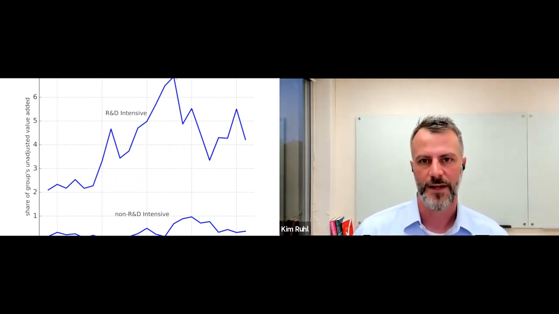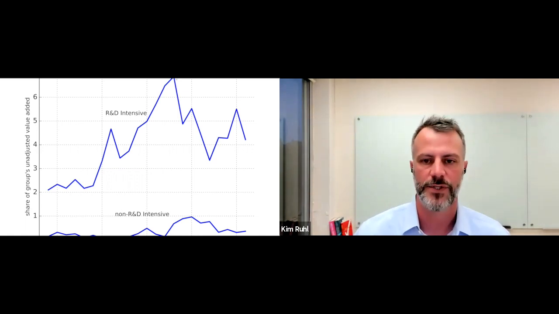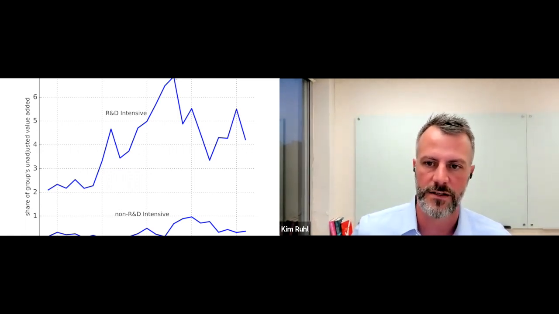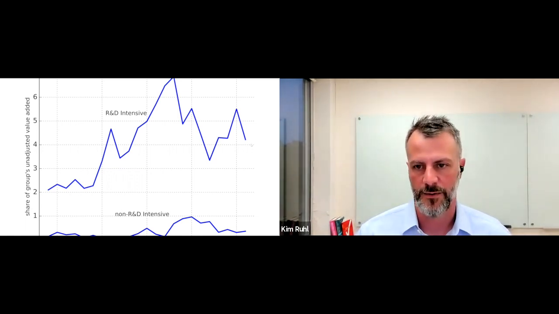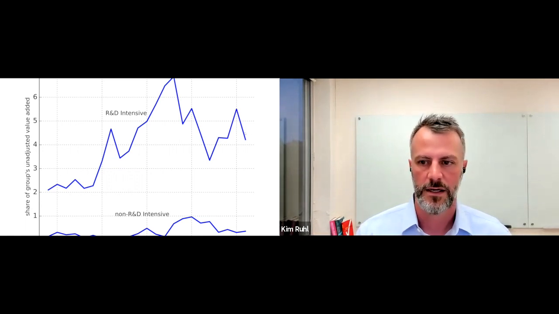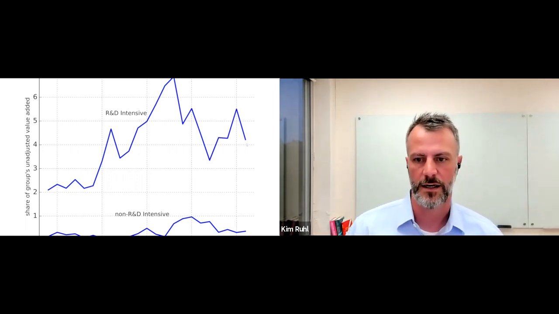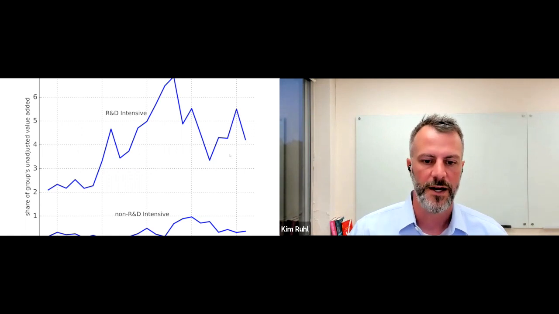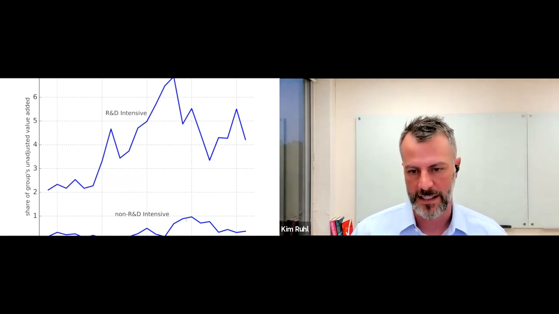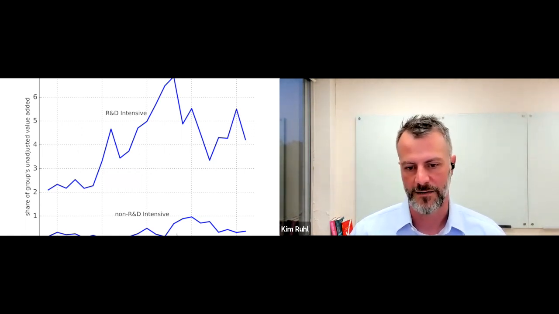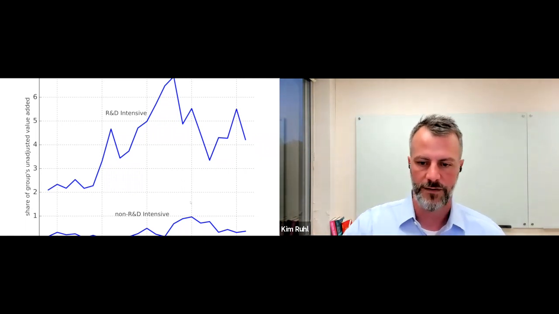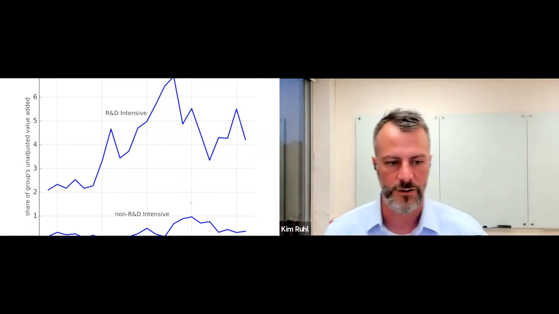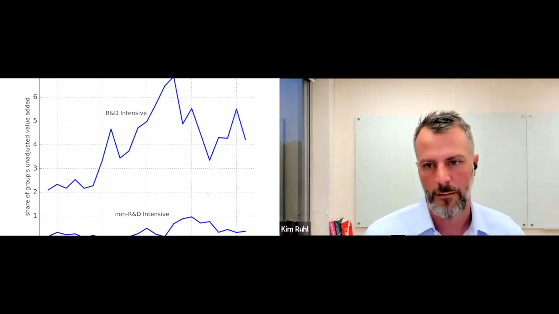So we're saying that in 2008 we were missing about 7% of the value added in these industries, and that has tapered off a bit since then, but it's still roughly 4% by 2016. Compared to the non-R&D intensive firms, basically very little is happening here. It is roughly flat. There's a bit of a bump around 2010, but it never reaches more than 1%.